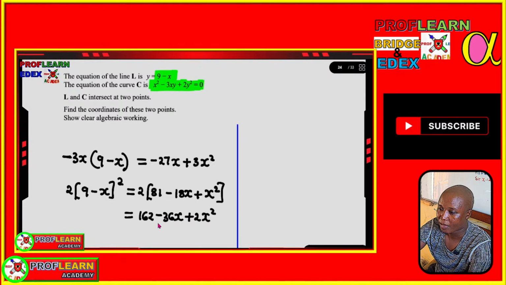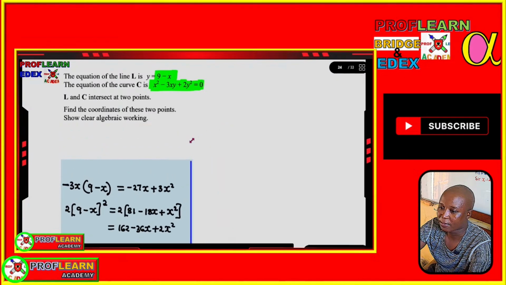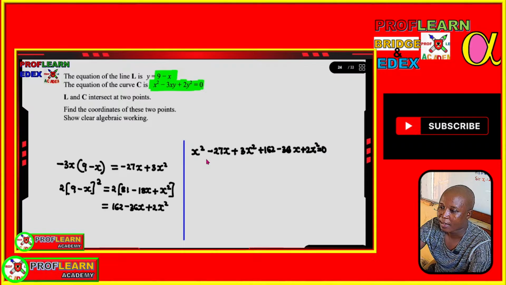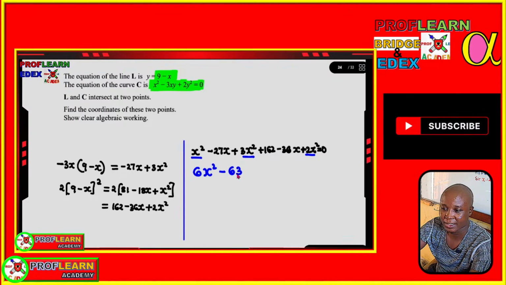Then once we have gotten what this is going to reduce to, we are going to now combine it into the expression and then put the like terms together so that we can have a quadratic equation. So we shall have 6x squared minus 63x, then plus 162 equals to 0.